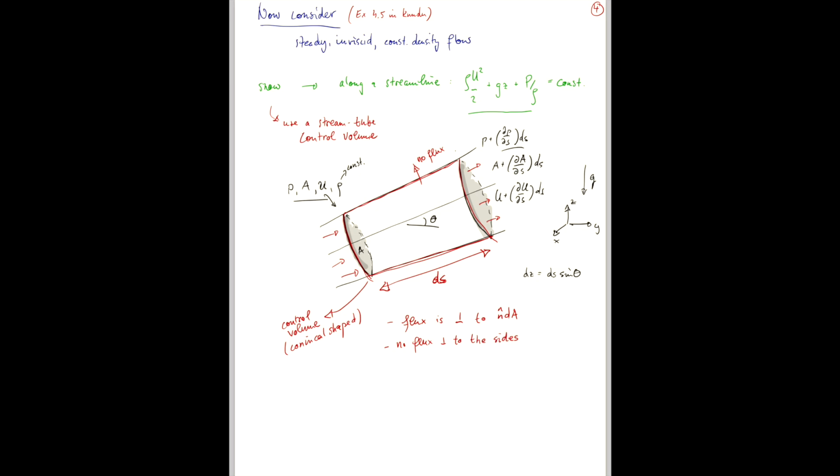So the flux here, u dot n dA, is simply minus u dA on the inlet. This is the inlet here, this is the outlet.